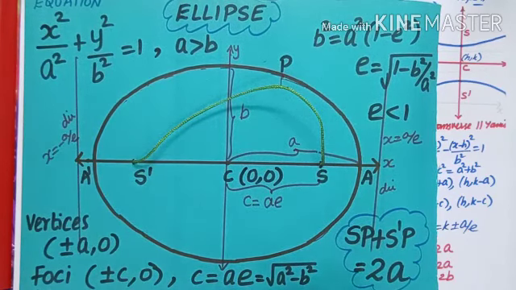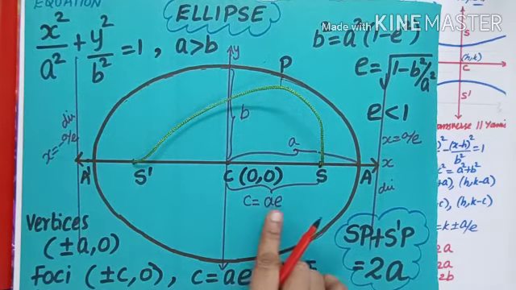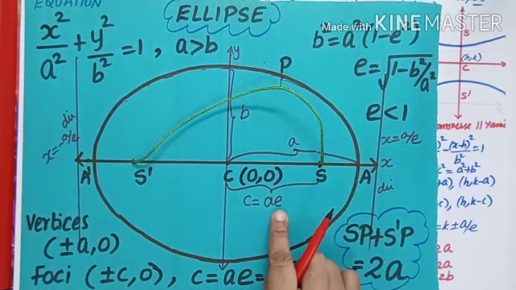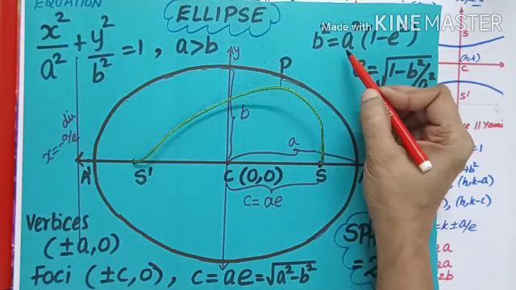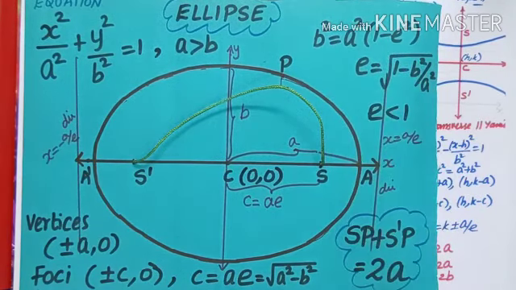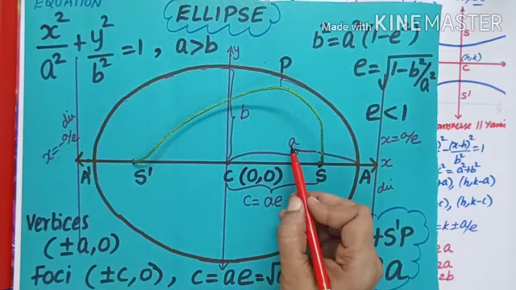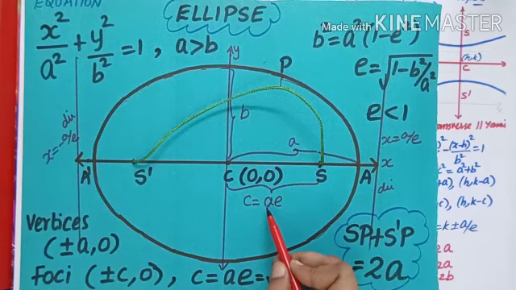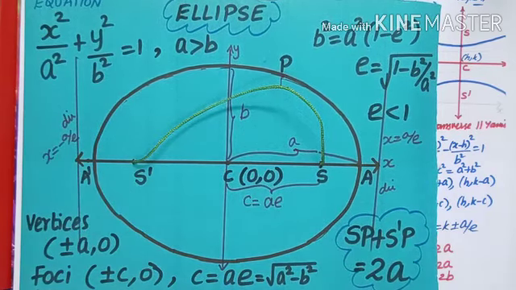Some exercises we use this idea, whereas in some application problems we use this idea. Once I know A and E, it will be easy for me to get b square, which is a square into 1 minus e square. So remember, center to vertex A. Center to focus we call C, which I can write AE or root of a square minus b square.